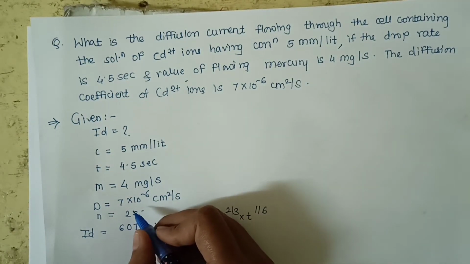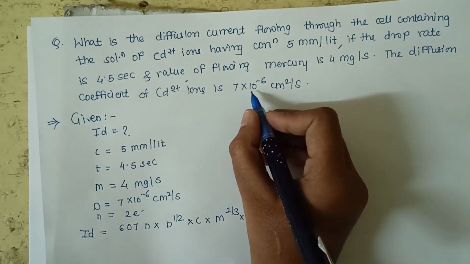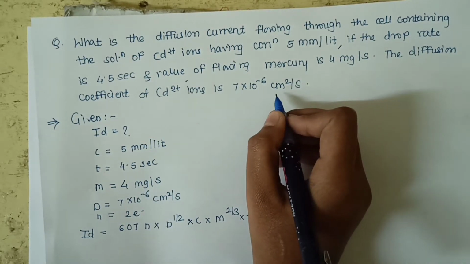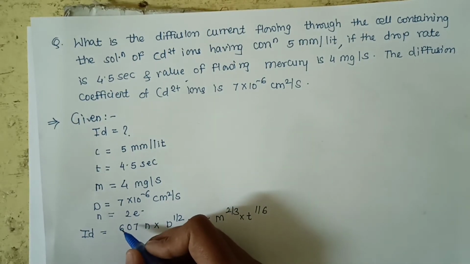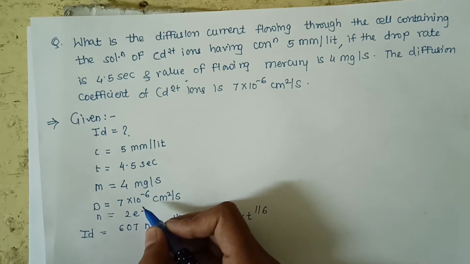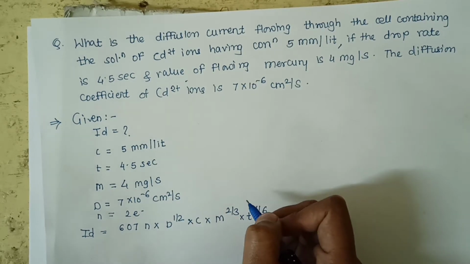D, the diffusion coefficient, is given as 7 into 10 raised to minus 6 centimeter square per second. n is the number of electrons. We have cadmium 2+, so Cd2+ takes 2 electrons.